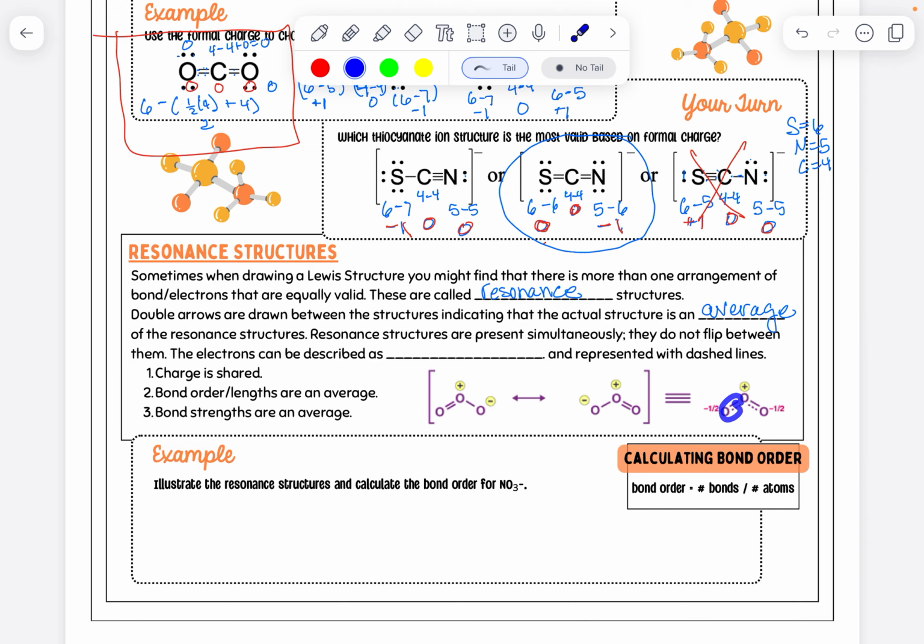There's actually this hybrid bond. It's a little bit shorter than a single bond, but longer than a double bond because it's shared between the two bonds, okay? So a lot of times students will say that there's a double bond here and then it flips and moves around, but it doesn't really move around. You want to think of it as being more shared between the two bonds.